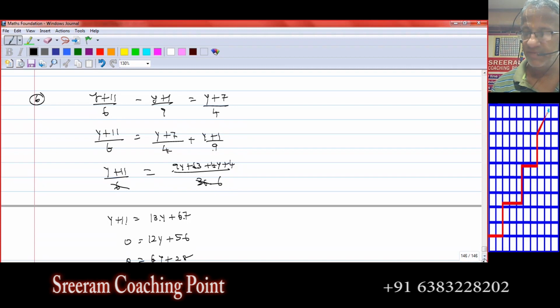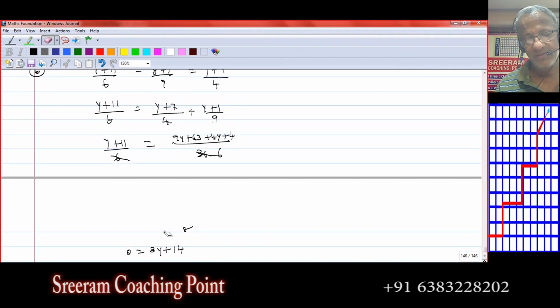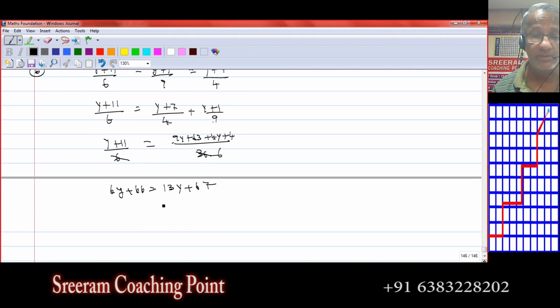Okay, I went wrong in one place. I will tell you where. Here, I have to take 6 for cross multiplication. So 6y plus 66 equal to 13y plus 67. This is correct. Minus 7y equal to 1. y is equal to minus 1 by 7.